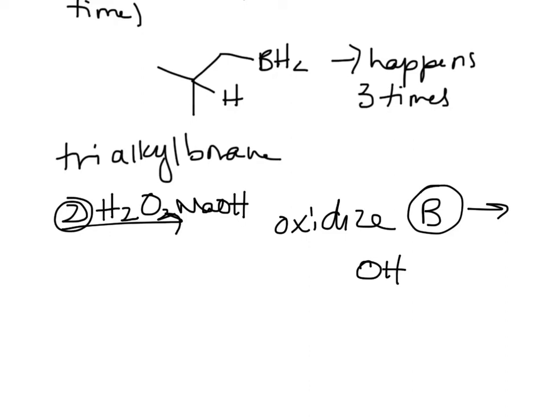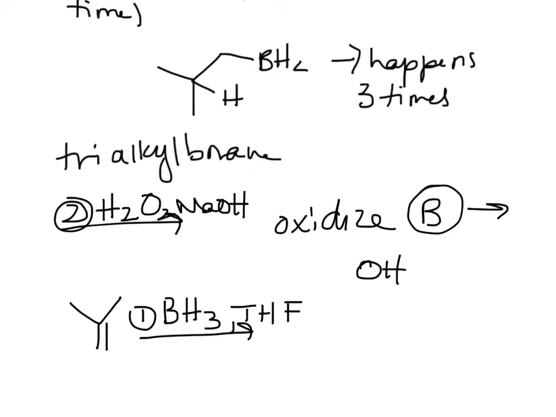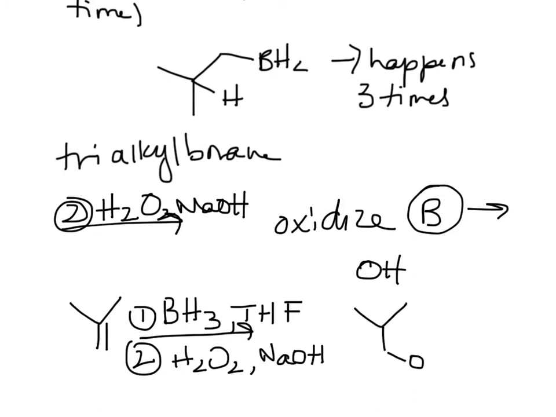I failed to write the overall reaction, so let me do that as well. Our starting alkene looked like this. In the first step, we add BH3 and THF. Once that first step is to completion, we can add peroxide in the presence of NaOH, and then we are able to obtain our alcohol.